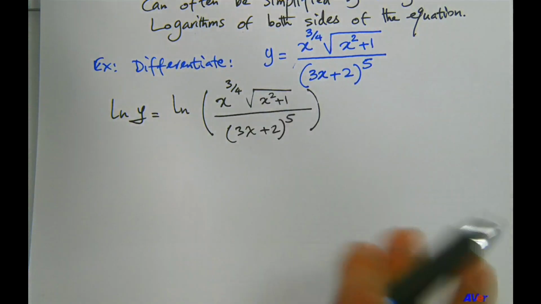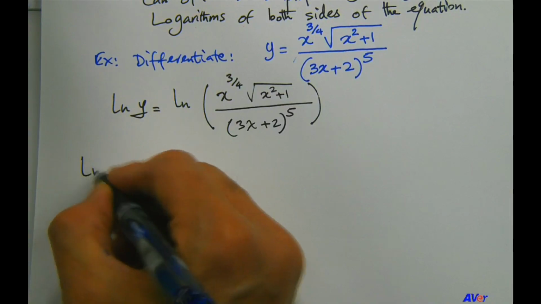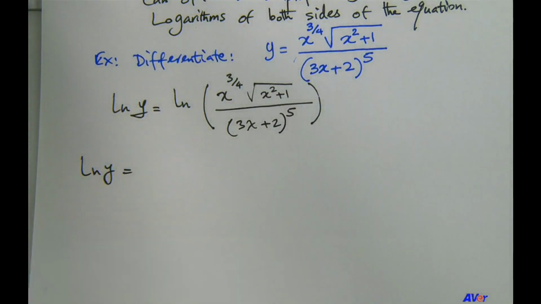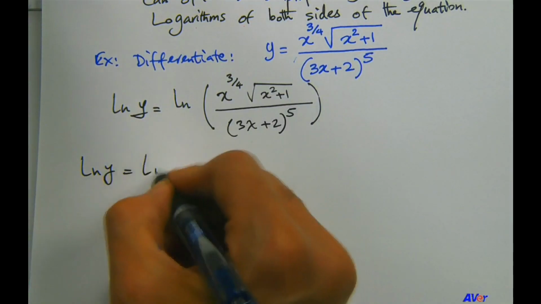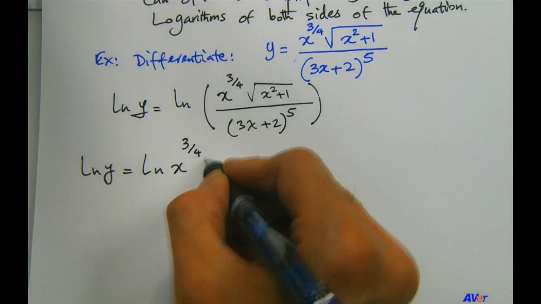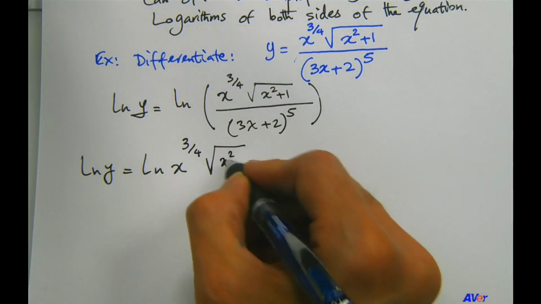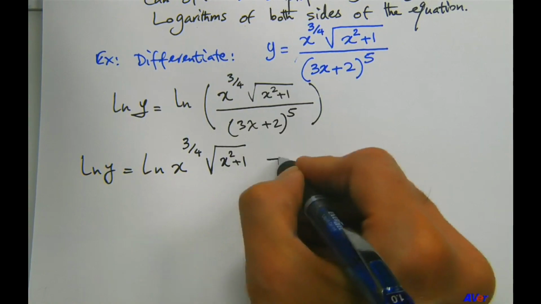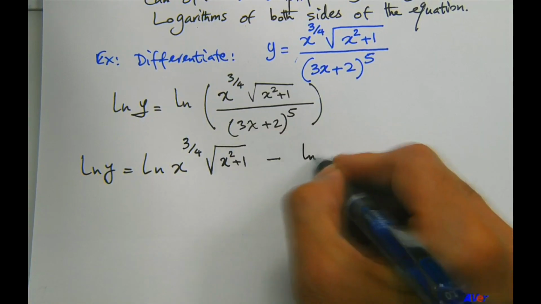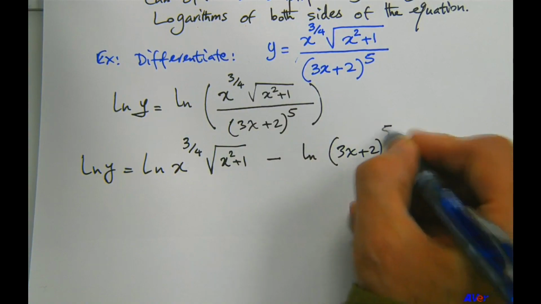Using the properties of logarithms that we've already learned about. So natural log of y is equal to natural log of x to the 3/4 power times the square root of x squared plus 1, minus natural log of all of that, (3x plus 2) to the 5th power.